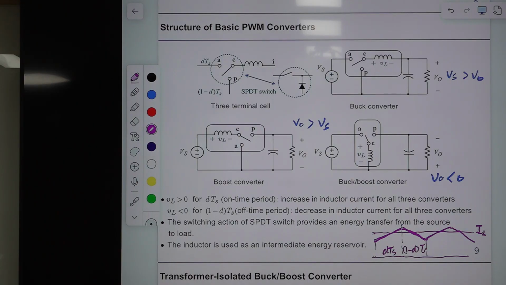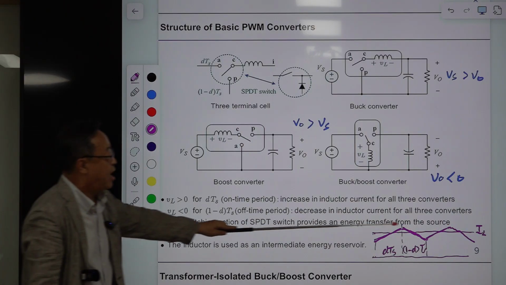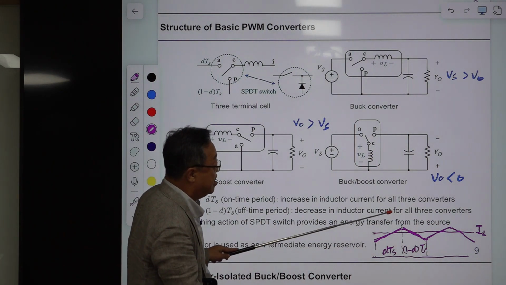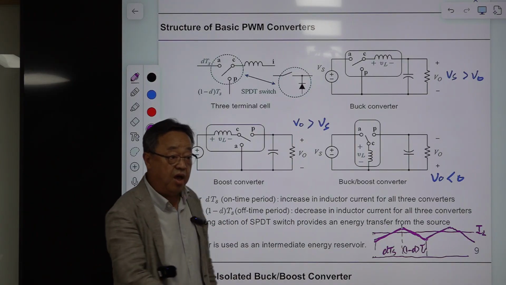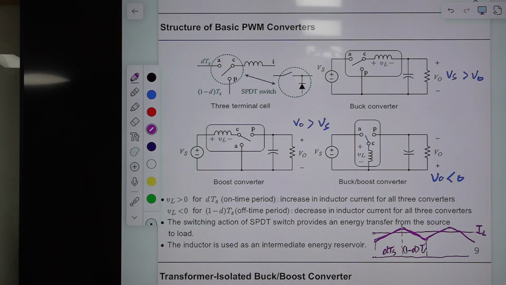A reservoir is like a big water tank. So this is the water tank, this is the energy tank. The inductor is used as an energy reservoir, and it stores the extra energy and discharges the extra energy.